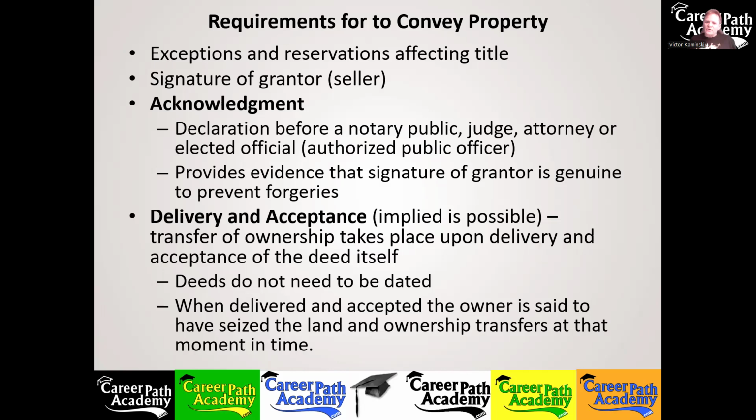So whether the delivery and acceptance occurred, whether the transfer of ownership actually happened while she was alive, became the argument. Because we know that transfer of ownership by deed only occurs during the lifetime of the grantor. But after they die, how does transfer of ownership take place?